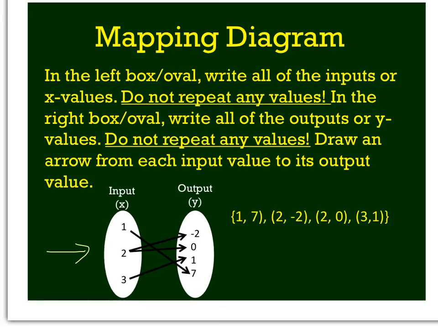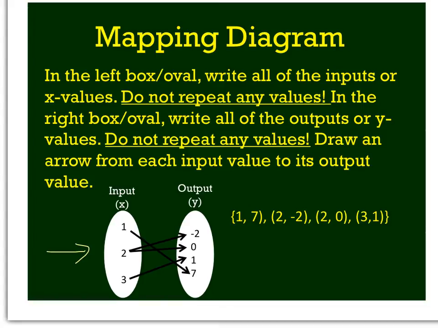And then in the right box or oval, you write all of the outputs or Y values. Again, you do not repeat any values, and you also put them in order from least to greatest. So then after you've put your inputs and your outputs without repeating a number and putting them in order from least to greatest, then you draw an arrow from each input value to its output value.